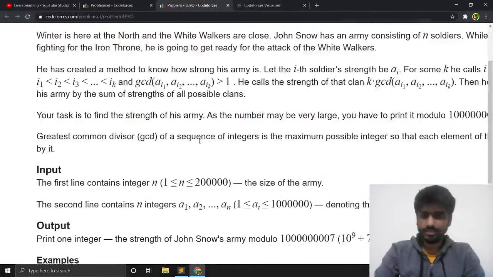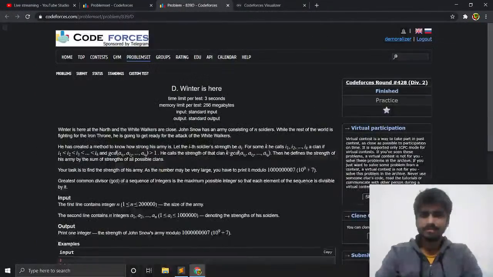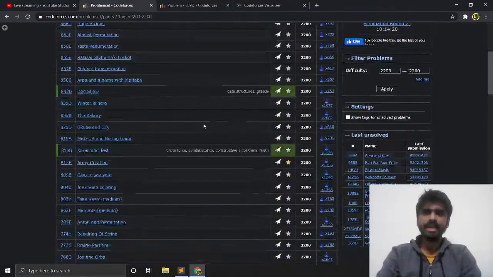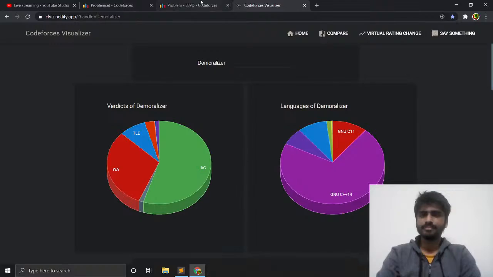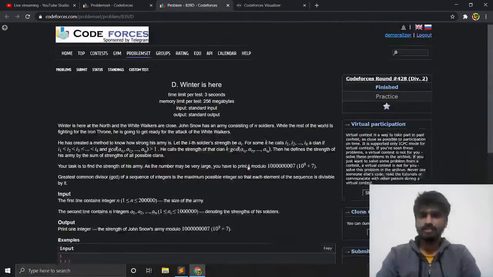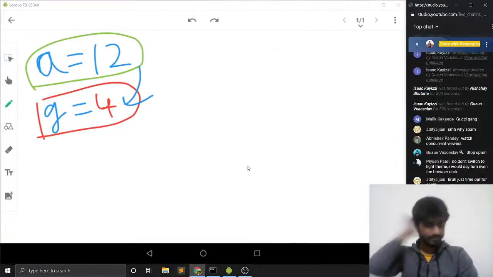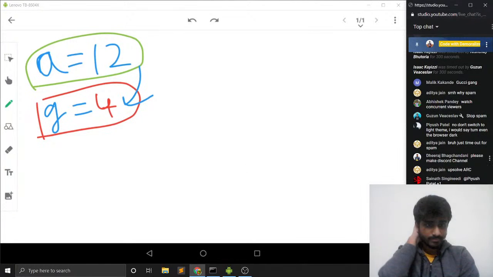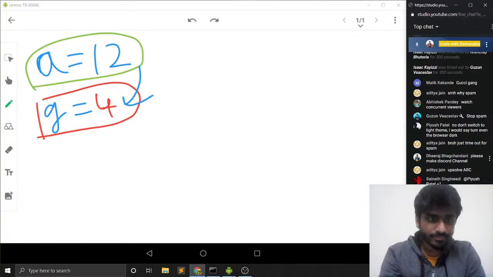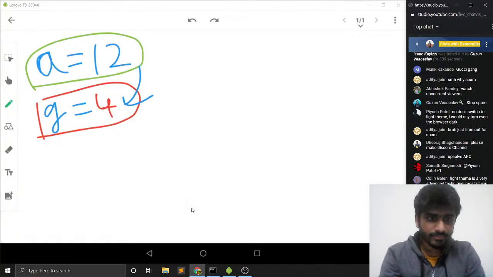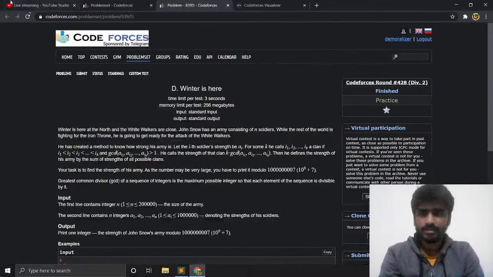You want me to turn the browser dark like this? Okay. Yeah, even I like dark Codeforces more than the light Codeforces. Okay, so anyway. Okay, so you're right.